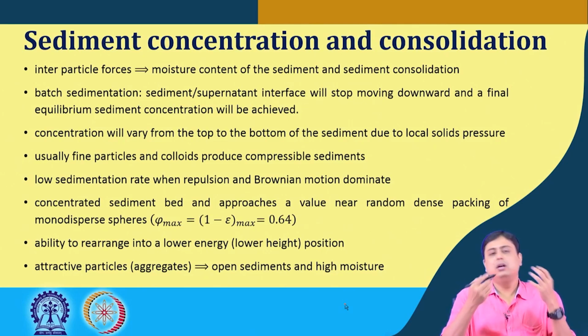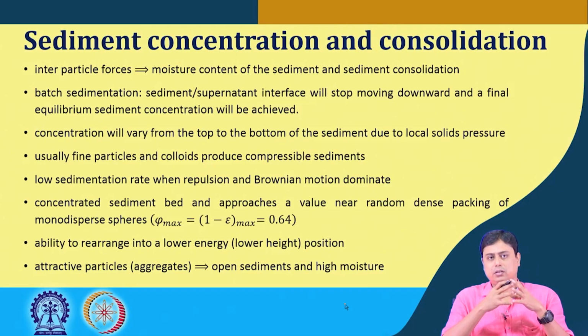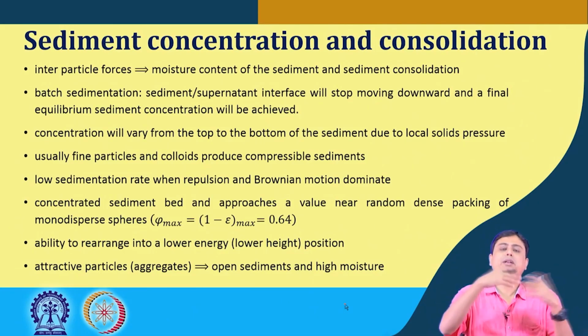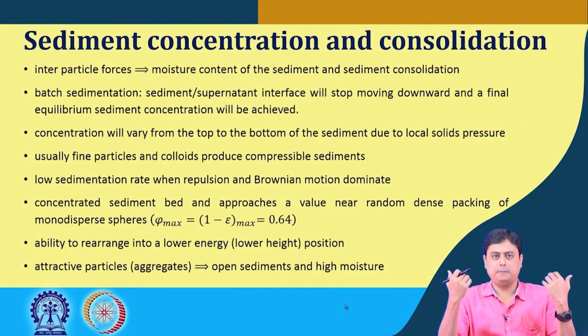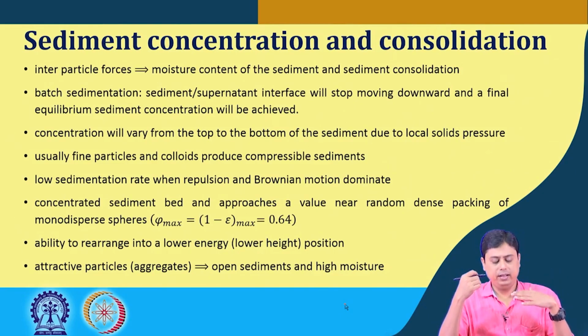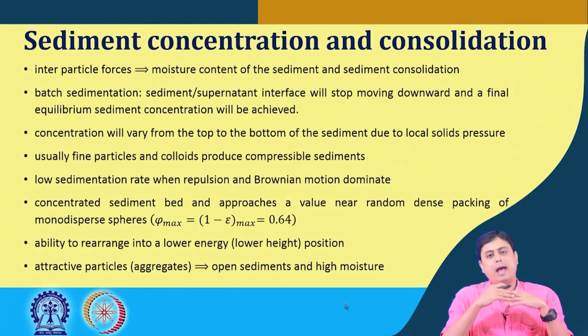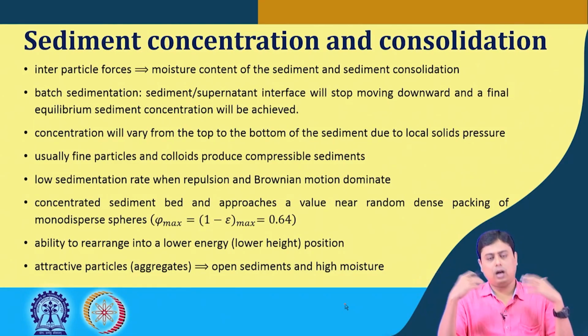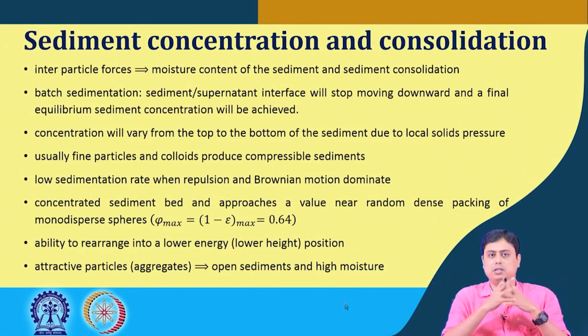Now, there would be a low sedimentation rate when the repulsion or the Brownian motion is the dominant factor, because the particles would try to remain dispersed for a longer time. So, it would result in a concentrated sediment bed and would approach a value that is near random dense packing of the monodispersed particles.